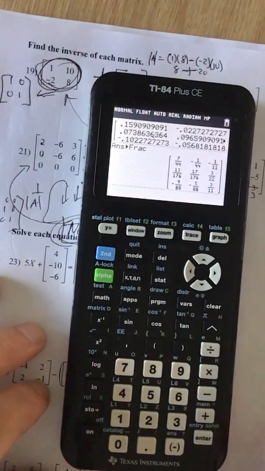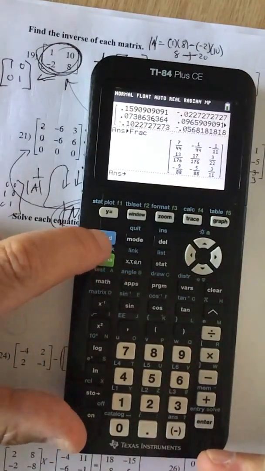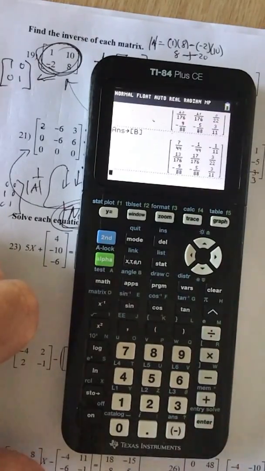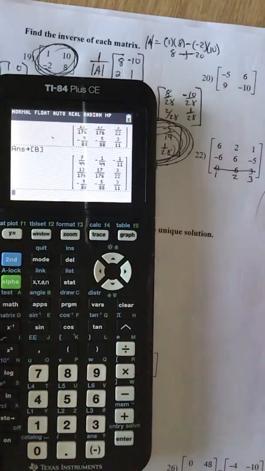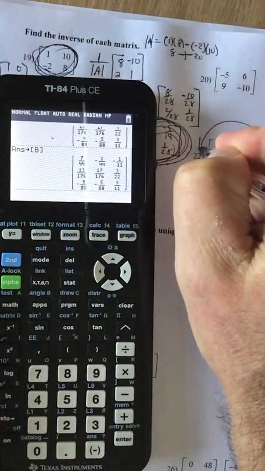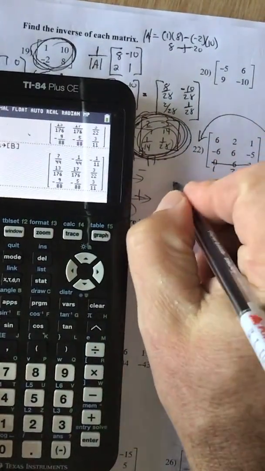But what I am going to do on my calculator is push store. And I'm going to store that in second matrix B. Because what this is saying is, if I take this one and put it in front, you got to put it in front. The inverse always has to go first.